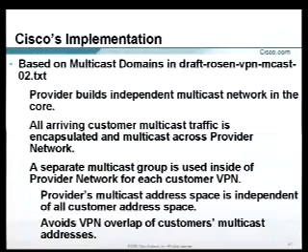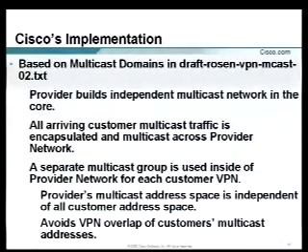Our implementation, as well as other implementations, are based upon multicast domains specified in the Rosen draft. It does just this: you've got your provider network and your customer network. When a multicast packet comes in from a customer VPN, we take that multicast packet and encapsulate it in another multicast packet, forward it across our network, decapsulate it on the far end, and send it off on its merry way in its original multicast source mode.